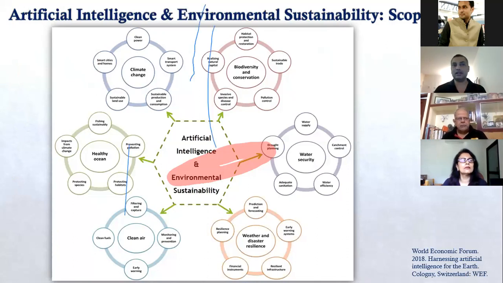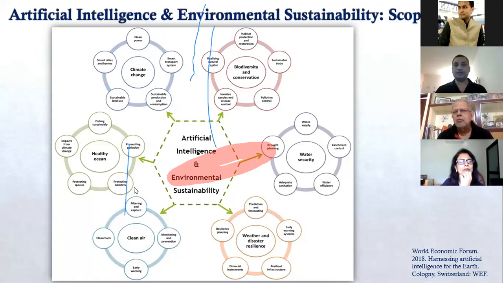So artificial intelligence and environmental sustainability is the scope. In 2018, the World Economic Forum published a report on where artificial intelligence can be used for environmental sustainability research or other studies.